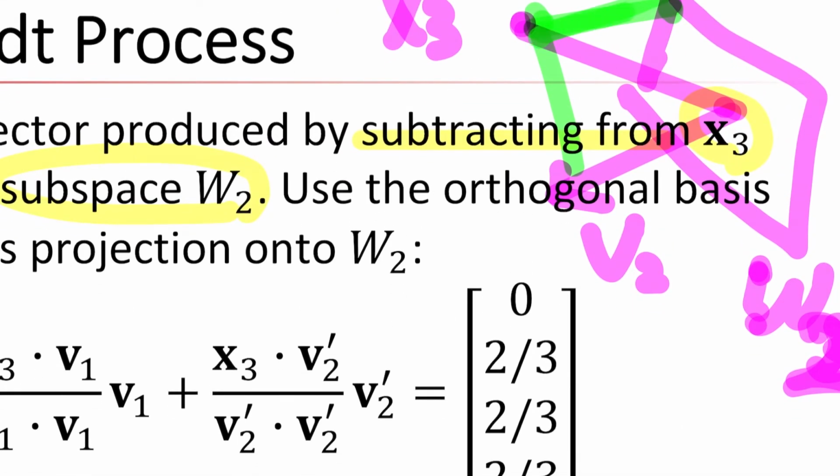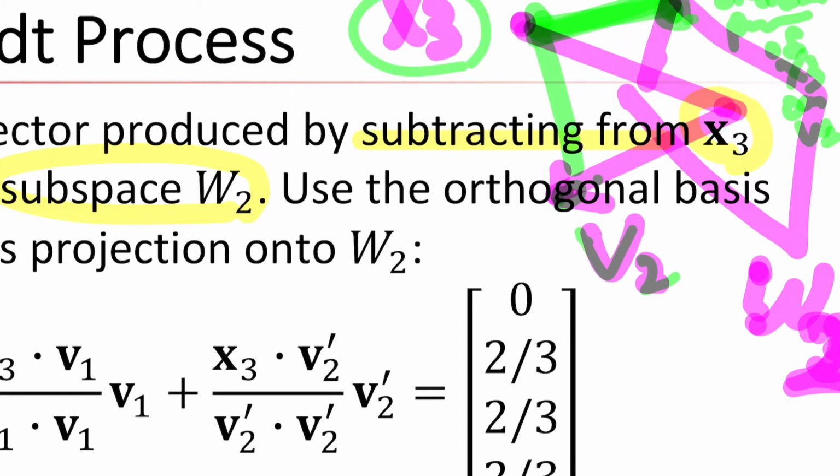It's really hard to draw, but there is an orthogonal projection of x3 onto W2, right? So this v3 is computed by subtracting from x3 its orthogonal projection onto W2, this point, right? This vector should be the same as this one, right?